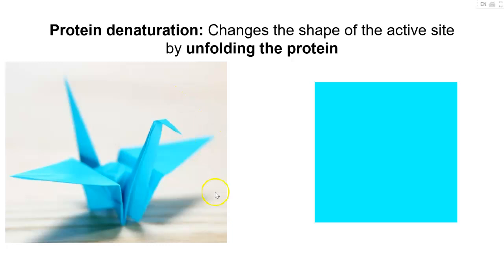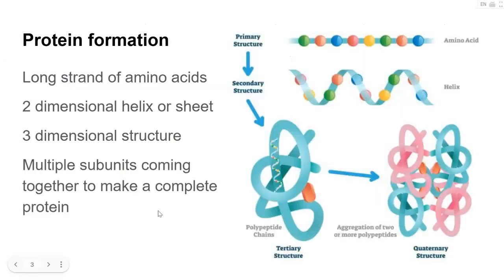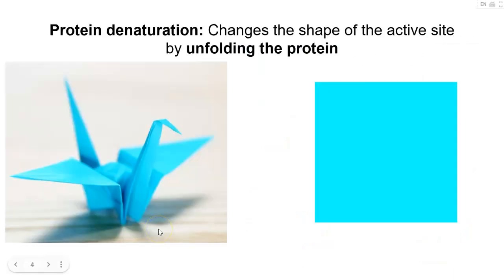If you were to unfold this, you could definitely do that. You could do it without ripping the paper apart, but that would change the function. That would change the shape of the bird, of the paper. And when this happens to proteins, when we take something like this and unfold it from its original structure, that is what we call denaturation.